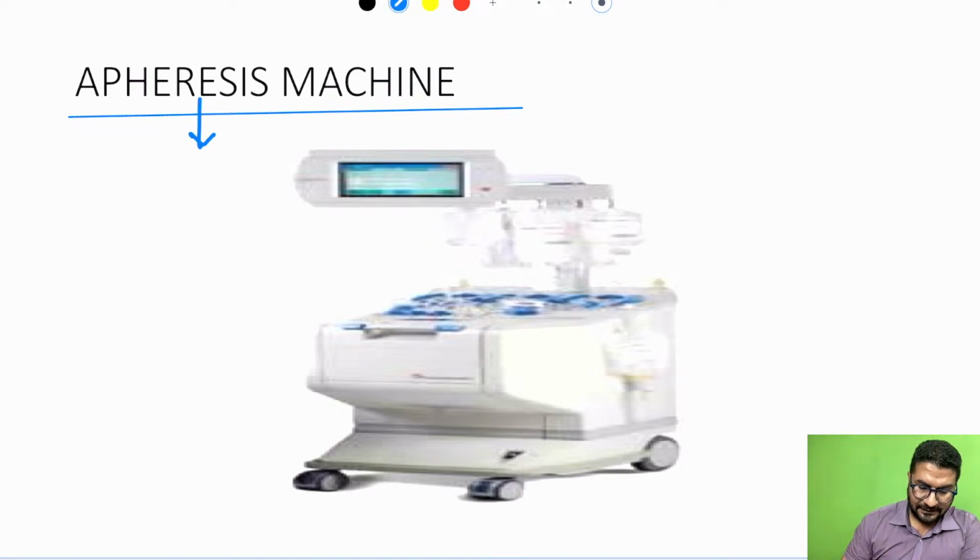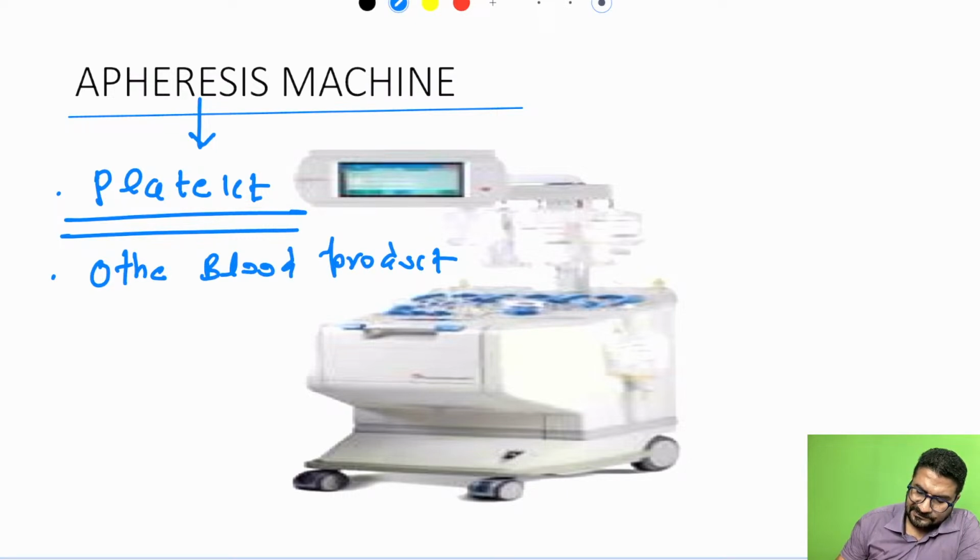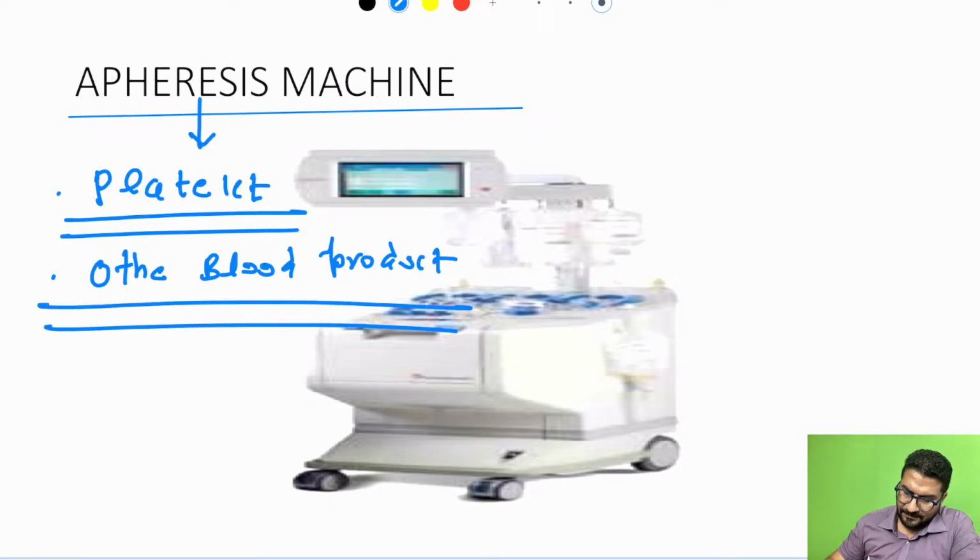Basically, this is a machine used to give us platelets. It is a multi-step process. We first use high flow centrifugation, then low flow centrifugation, and ultimately we extract different blood products. So basically you get platelets and other blood products. So these were some of the image based revision.